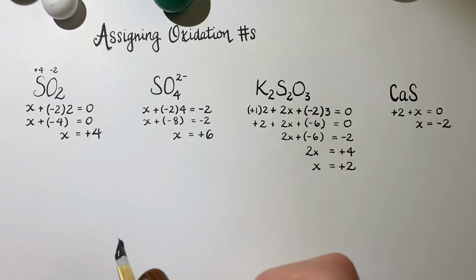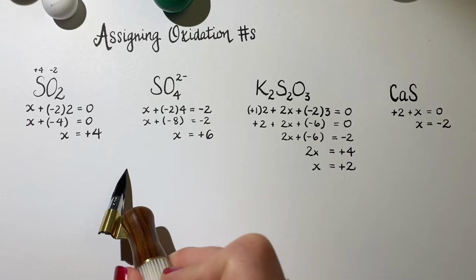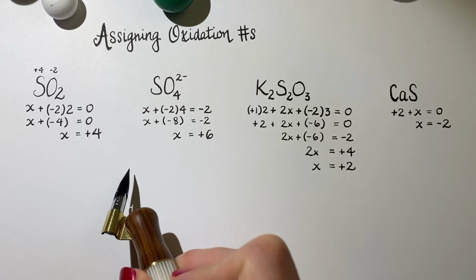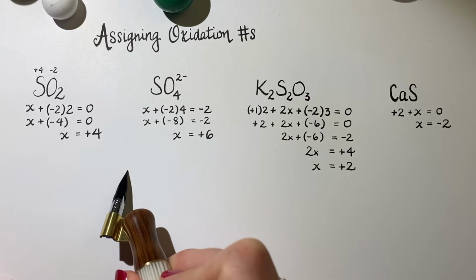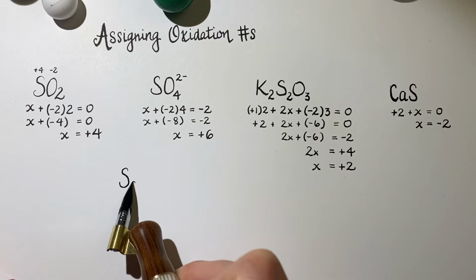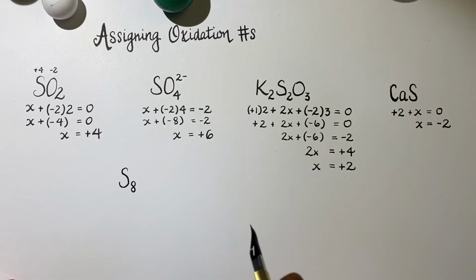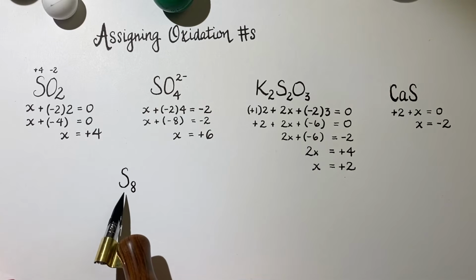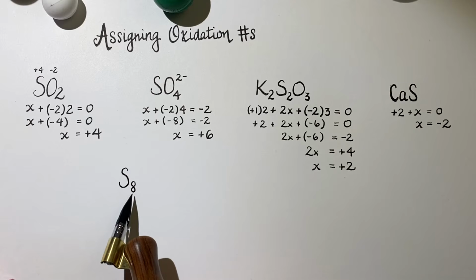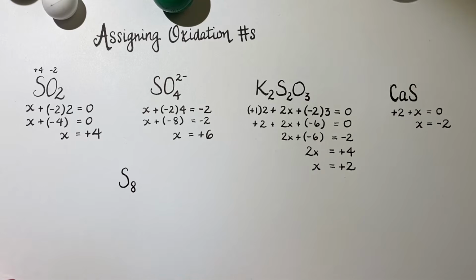Well, I just thought of something, because I haven't mentioned one of the rules of oxidation numbers, and that is for an element in its standard state, just an element by itself. And sulfur, the way it exists in its elemental form is as S8.